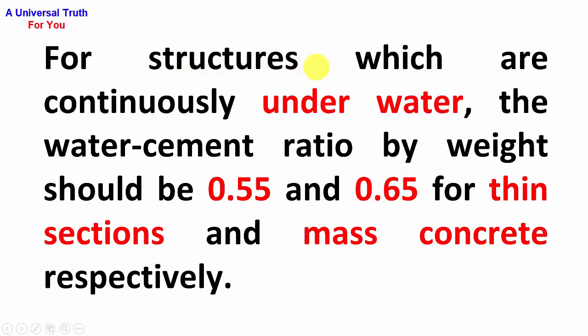For structures which are continuously underwater, the water cement ratio by weight should be 0.55 and 0.65 for thin sections and mass concrete respectively.